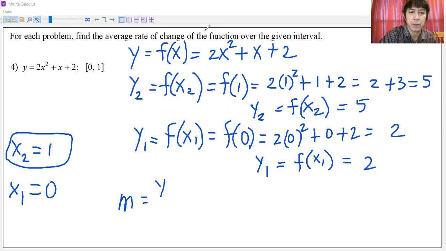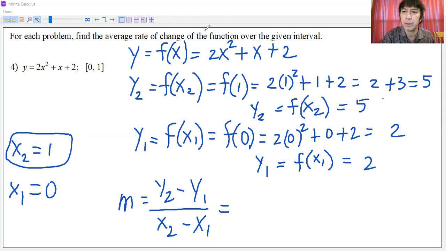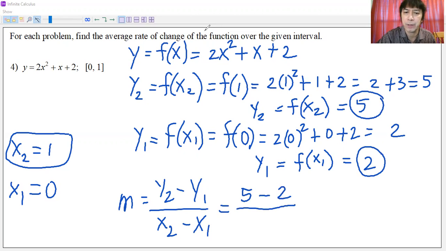We shall now compute our average rate of change. M is y2 minus y1 over x2 minus x1. y2 is over here, it's the 5, minus y1, it's the number 2 here. So that means 5 minus 2 divided by x2 minus x1, so this is 1 minus 0.